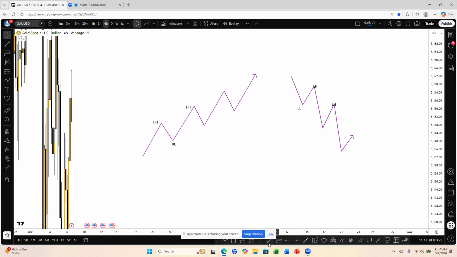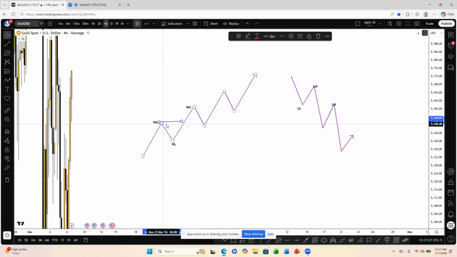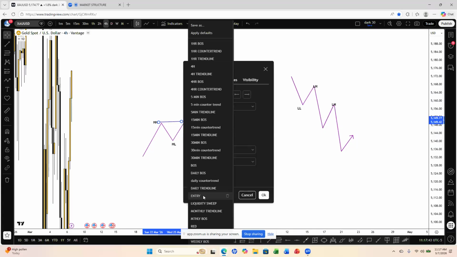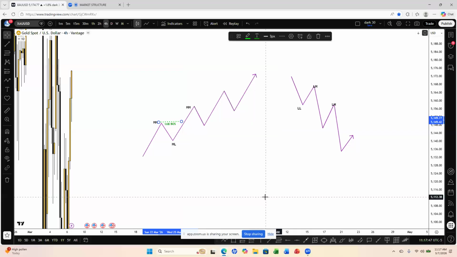So if we was looking at an uptrend, this is the point right here. When it goes higher and passes this point, it broke this structure point. That is what a break of structure is.